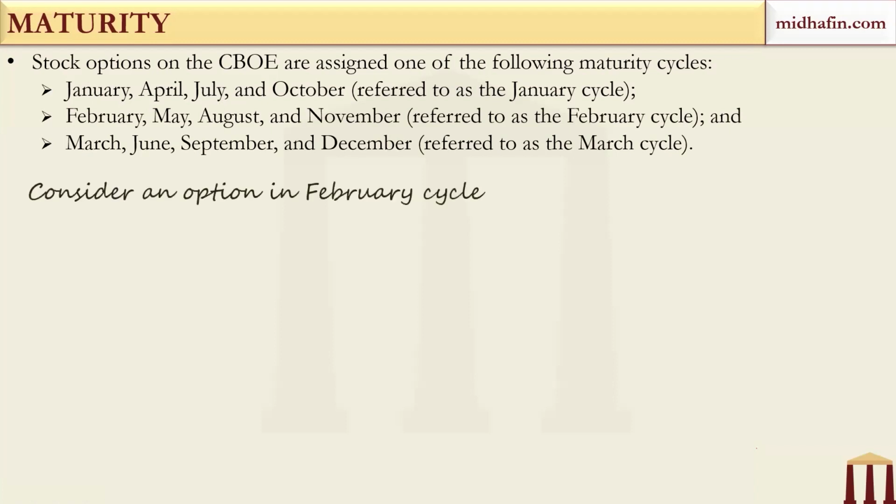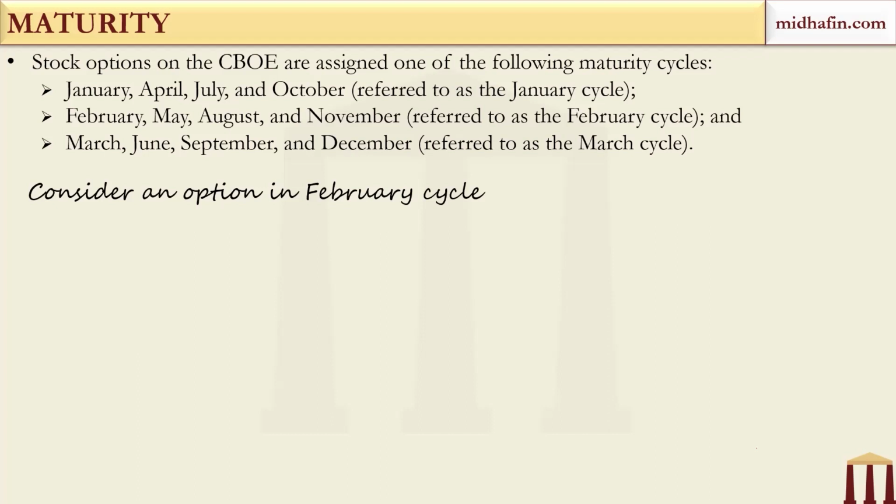Now, let's say you want to identify, on a given date, if a stock is in a certain maturity cycle, what maturities of the options on that stock will be available on the exchange? What all maturities will be available for that specific option?